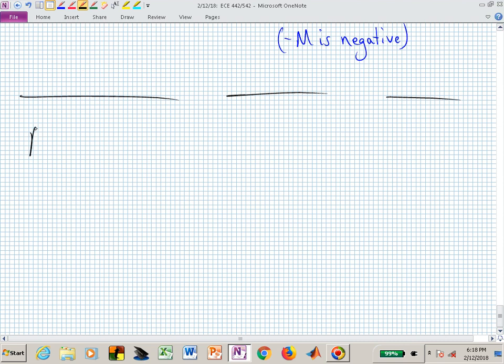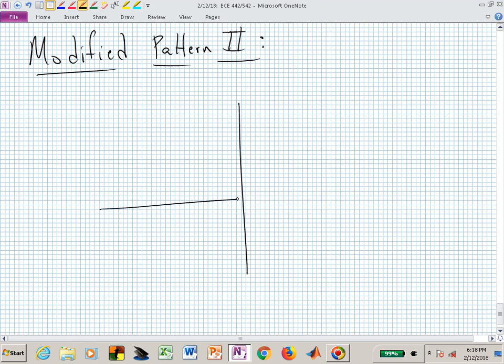So, modified pattern number 2. Pattern 2 was a bounded disk. What was the extreme case here? 0. So now what are we thinking we're going to do with this modified pattern?